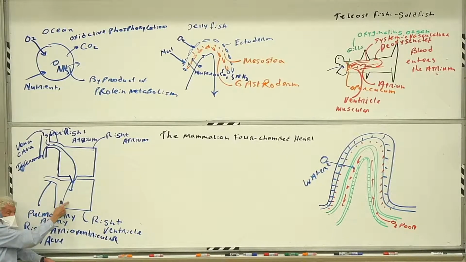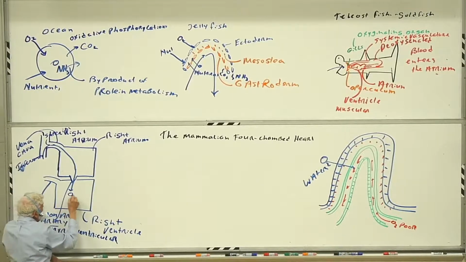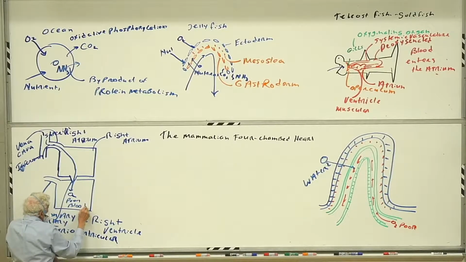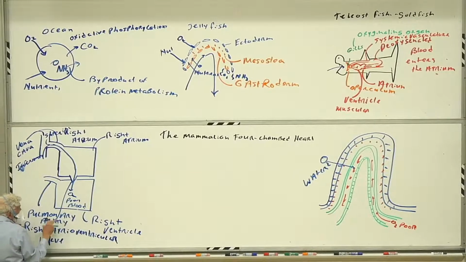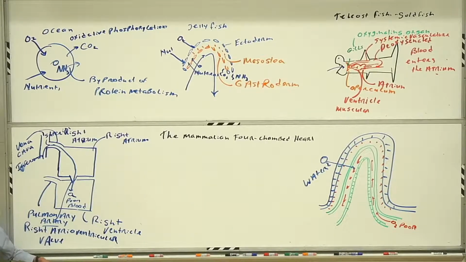So we're going to be carrying blood away from the heart. In this case, it's going to be O2 poor blood. It's going to be carried away from the heart in the pulmonary artery. Pulmonary tells you it's carrying the blood to the lungs. So this is the right heart that is dedicated to moving blood to the lungs.